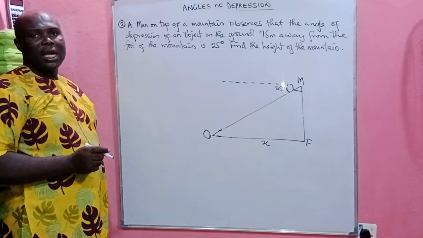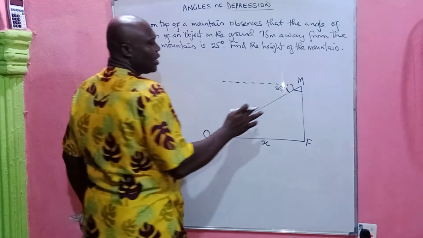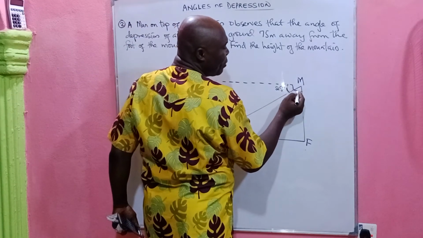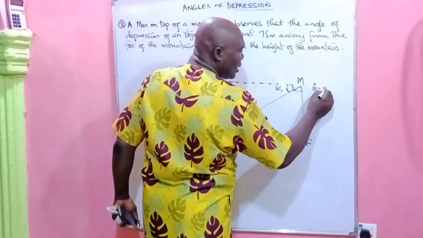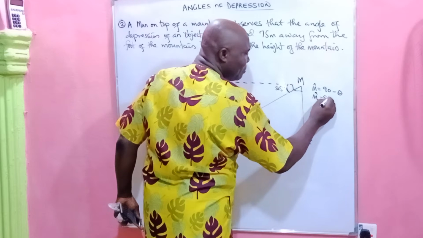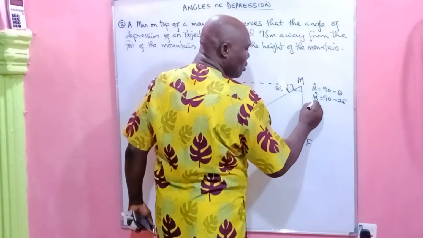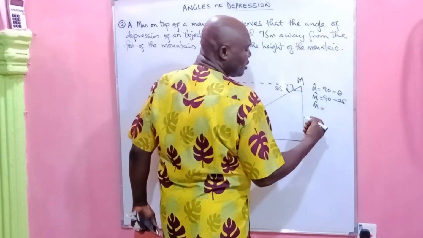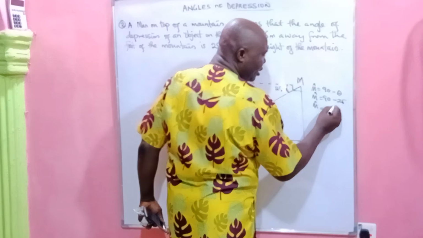That's what is given. And if that is 25 degrees, you should understand that the alternate or complementary angle here at M will be equal to 90 minus theta. So the angle at M will be 90 minus 25 degrees, which gives 65 degrees.